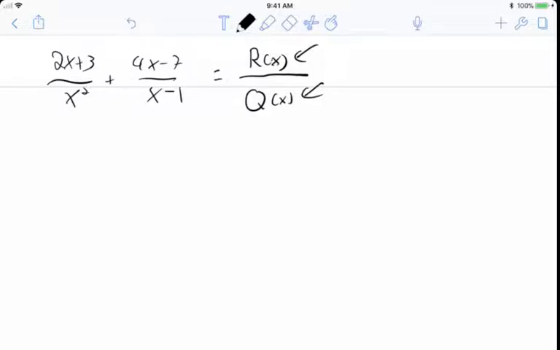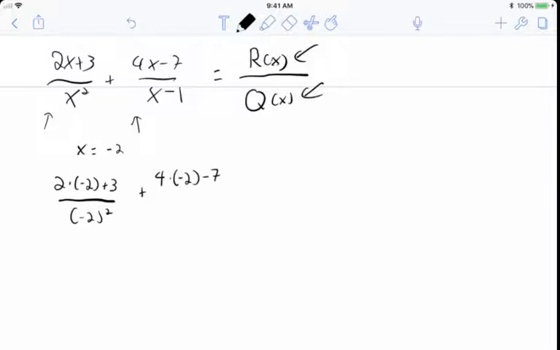Before we do anything else, let's just illustrate what the problem is. Let's evaluate this at a point. Let's start by evaluating it at x equals minus 2. So this is 2 times minus 2 plus 3 divided by minus 2 all squared. And the second one is 4 times minus 2 minus 7 over minus 2 minus 1.